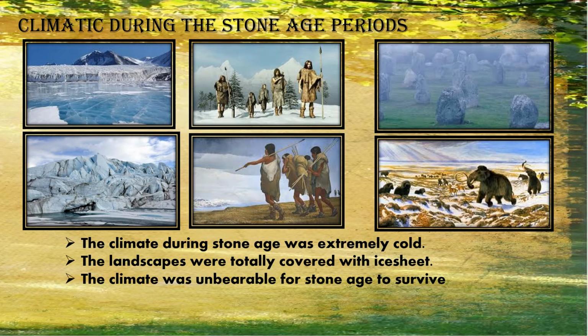As you can see in this image, the land was totally covered with an ice sheet, and because of this, the weather during the Ice Age would often be very dry, as water that comes down as rain was frozen in regions like glaciers.